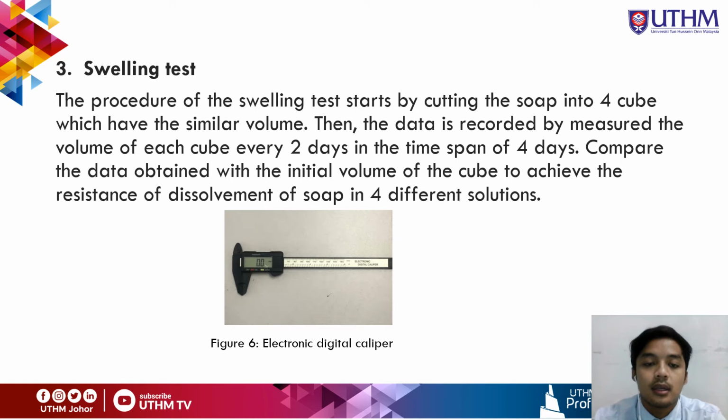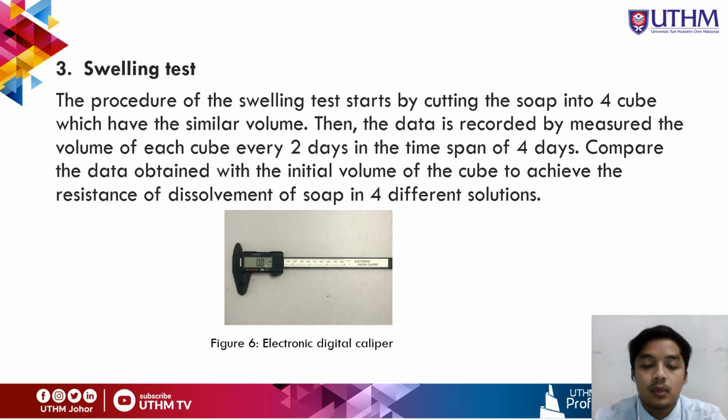Okay, the last test that we have performed is the swelling test. The procedure of the swelling test starts by cutting the soap into 4 cubes, which have similar volume, and the data is recorded by measuring the volume of the cube every 2 days in the time span of 4 days.